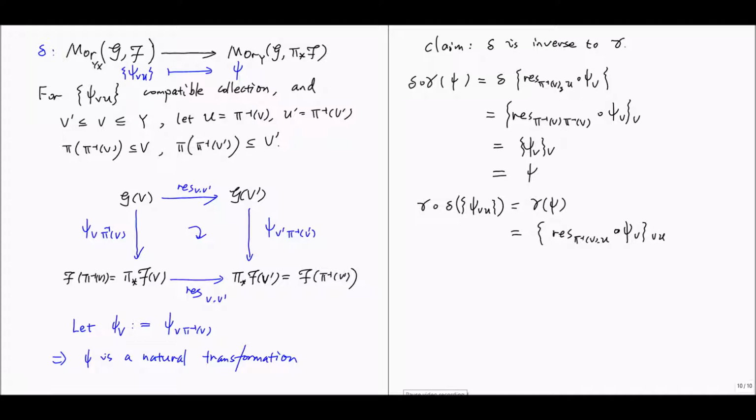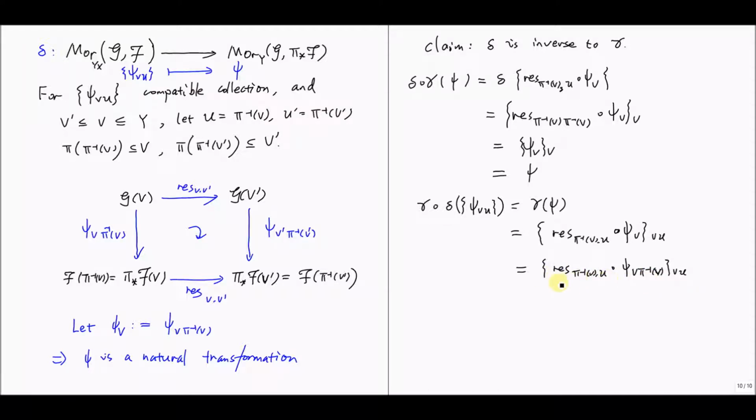Now we plug in this equation into here, and we get the restriction map composed with the map in the compatible collection.